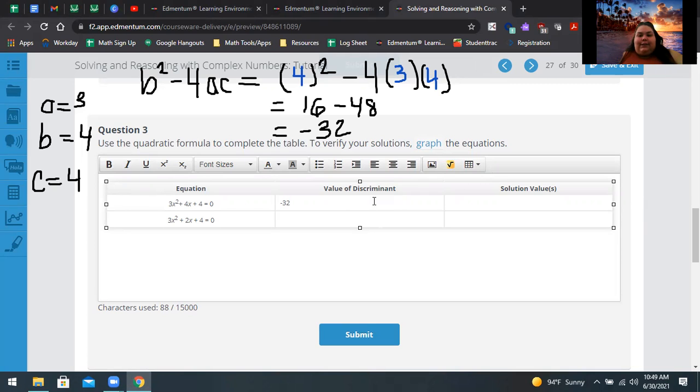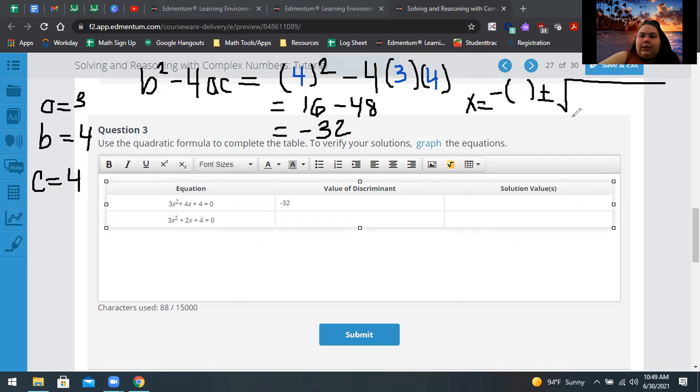Now it's asking for the second part, the solution values. We're going to apply this to our quadratic formula, because it does say use the quadratic formula. So if we remember, x equals negative b, plus or minus the square root of the discriminant, all over 2A.